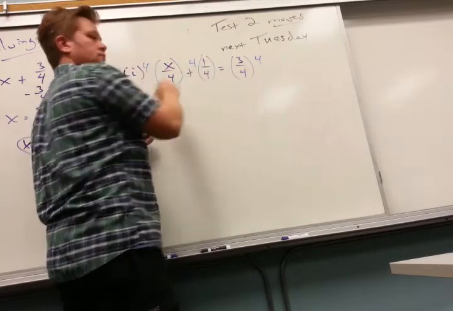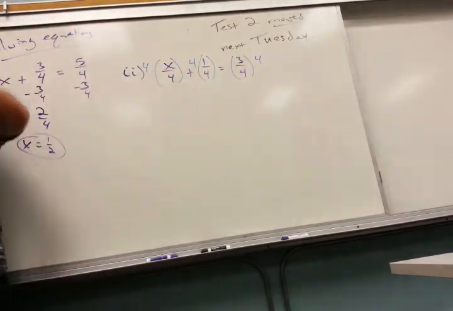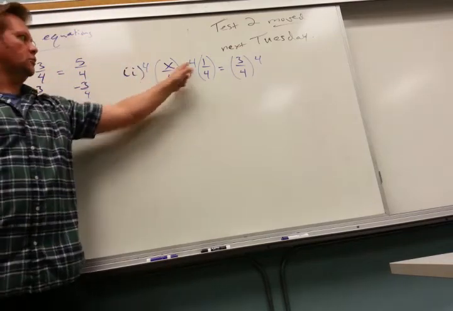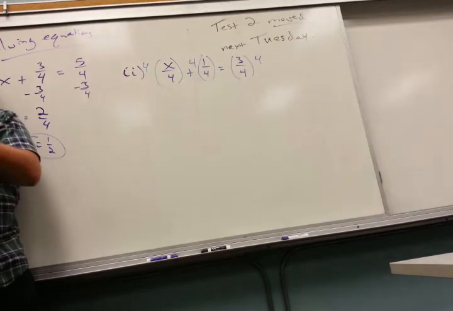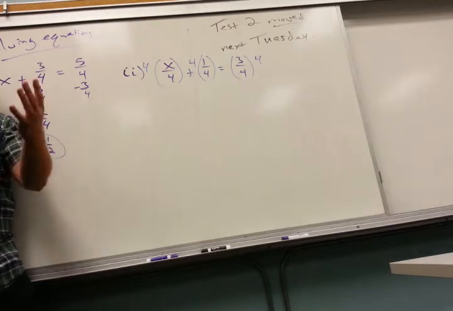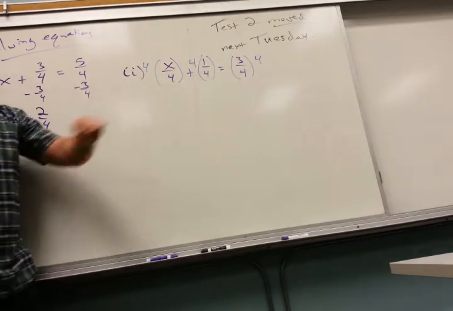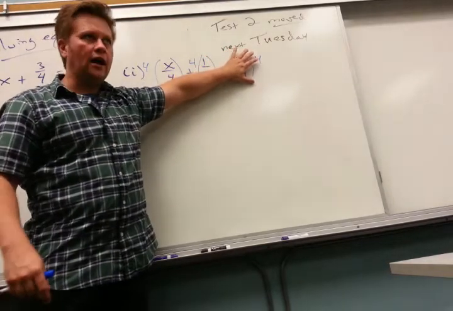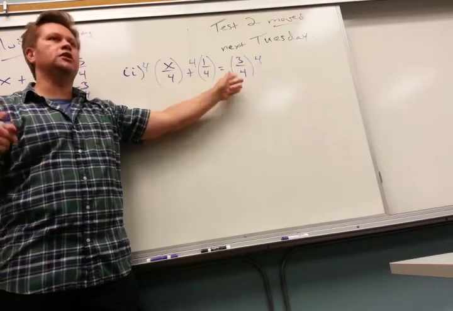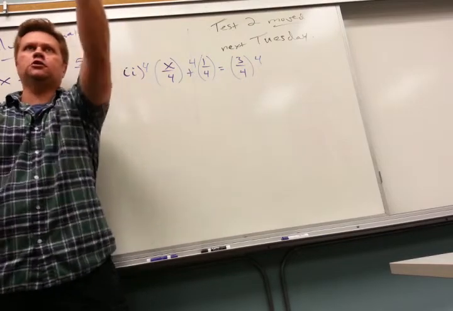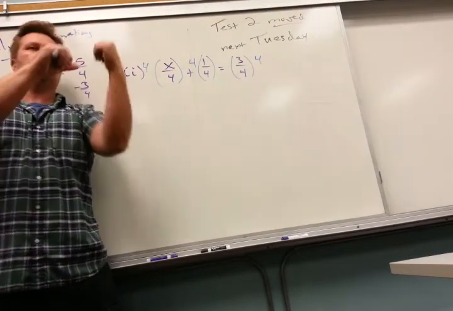Does that make sense? If I multiply both sides by 4, I have to distribute, so I multiply each piece by 4. Why are we doing that? Because that will kill my fraction. But if that wasn't there, I could not do that. Cool? It's just because it's an equation. I have two sides. I'm allowed to do something, and I'm good. So I can kill my fraction.